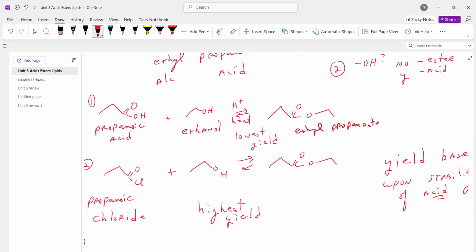Okay, so we have the acid, the alcohol, acidic conditions under heat, we end up with the ester. Now, the important thing here is this is the poorest way to make an ester.